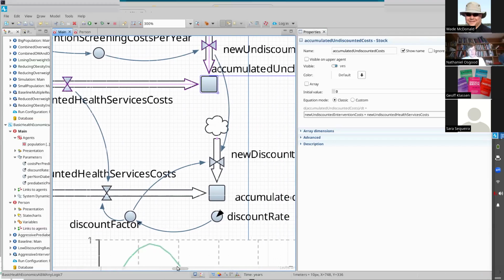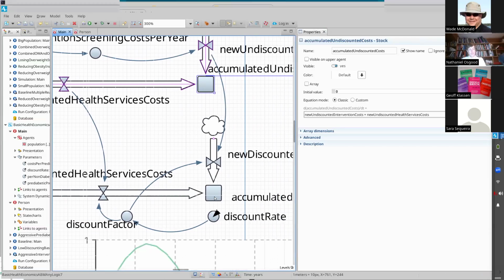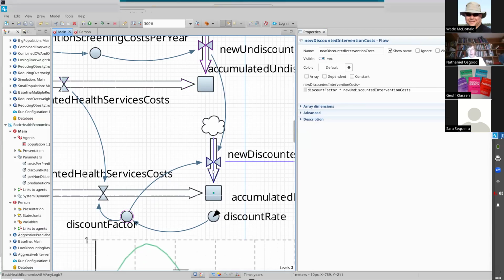And this other flow is kind of similar, except that each of these is multiplied by a discount factor, which grows smaller and smaller over time at a rate given by this discount rate. So the discount rate is 3%, as was recommended by the Blue Ribbon Panel, I think, in the US, late 90s or something.